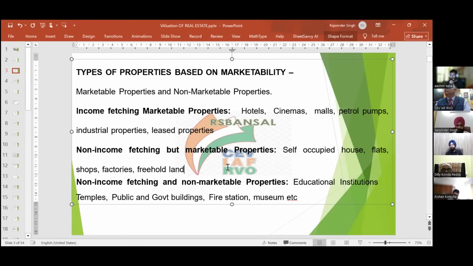Such as educational institutions, temples, public and government buildings, fire station, museum, etc. These properties cannot be sold in the open market and they do not generate any income as such for a particular person. So I think these things are clear to you. Sandeep ji has told you these types of properties. So you must understand these things.